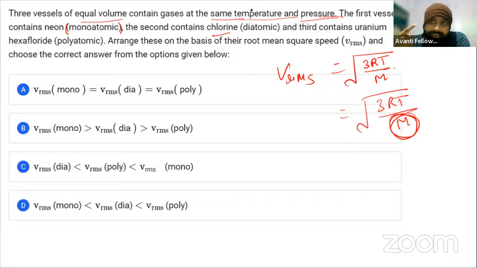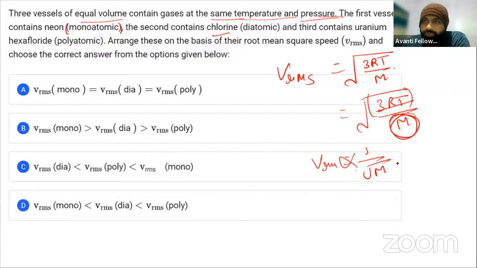So students will start thinking that atomicity will also play a role in this question. It is not like that. Have you seen anything in this question about atomicity anywhere? No. Temperature and R are constant for all, so V_RMS will only vary with 1 upon root M, which means the molecular weight of these gases.